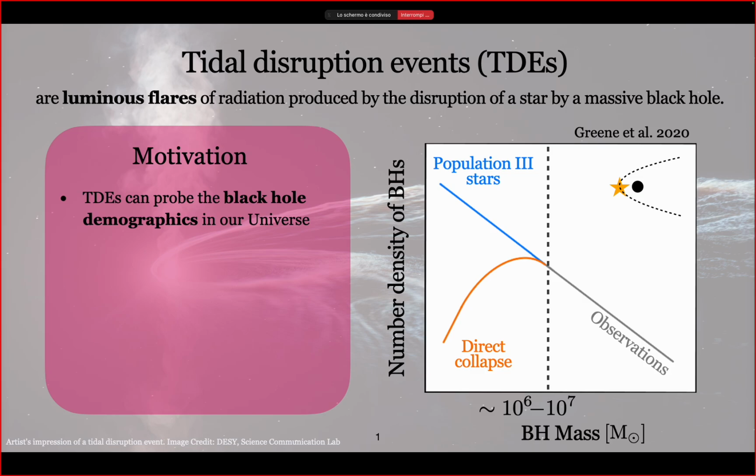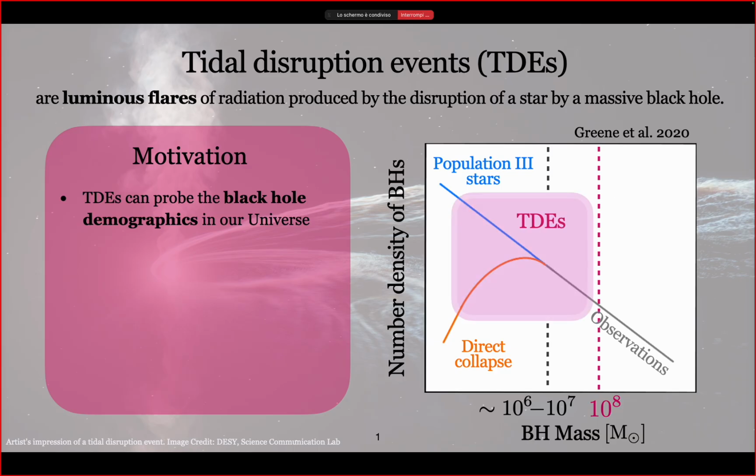If the black hole is too massive, its event horizon will be so big that the star will cross the horizon before you can see it being pulled apart, and in that case the event is not visible. This limit for a main sequence star is at around 10^8 solar masses. So below 10^8 solar masses, we can see tidal disruption events. That's why TDEs can help to probe the lower end of the black hole mass function, and therefore to learn something about the origin of these black holes.